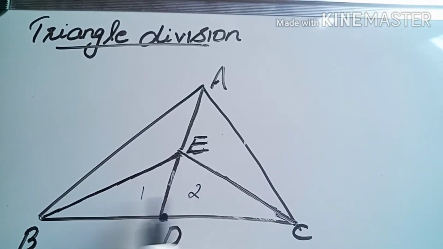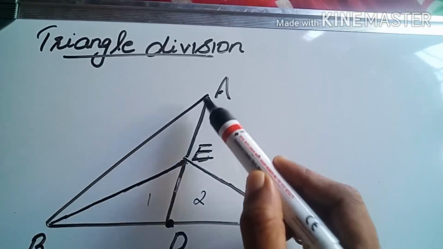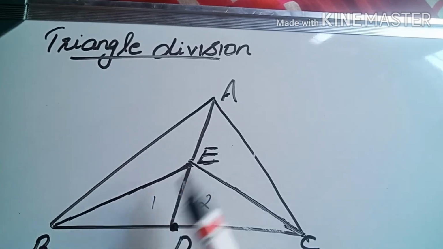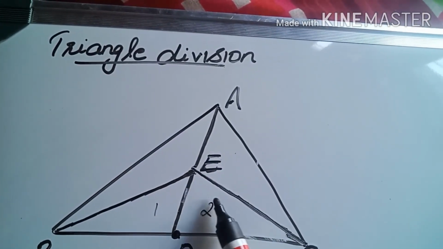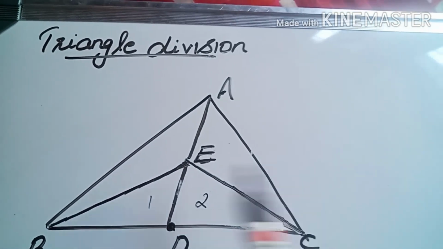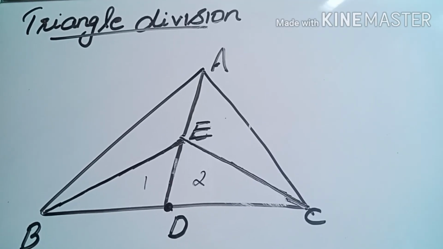Out of the large triangle ABD, this portion is the same, and for triangle ADC this portion is the same. These two triangles are equal, so what can we say? These two will also be equal in area. This is the answer.